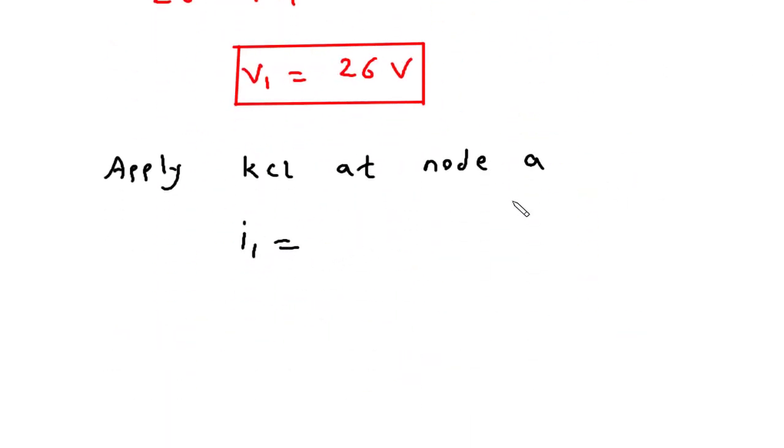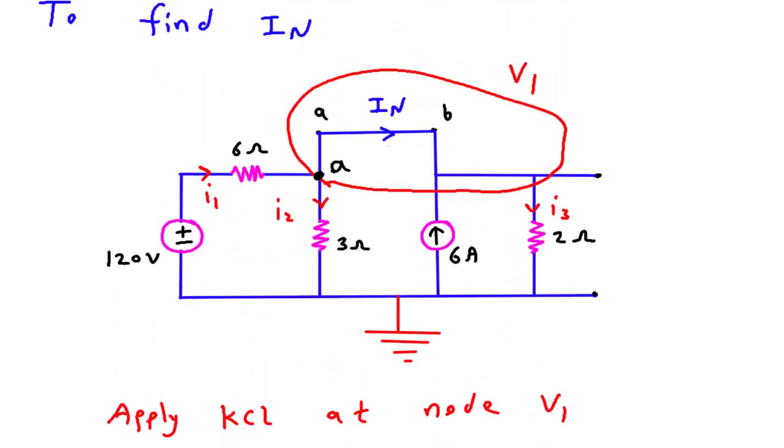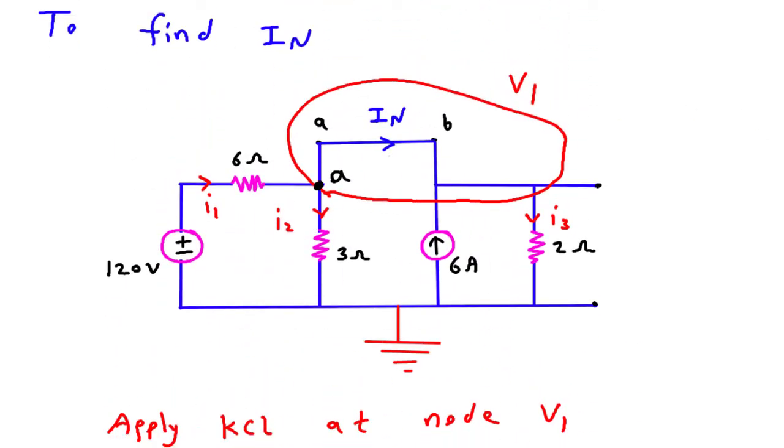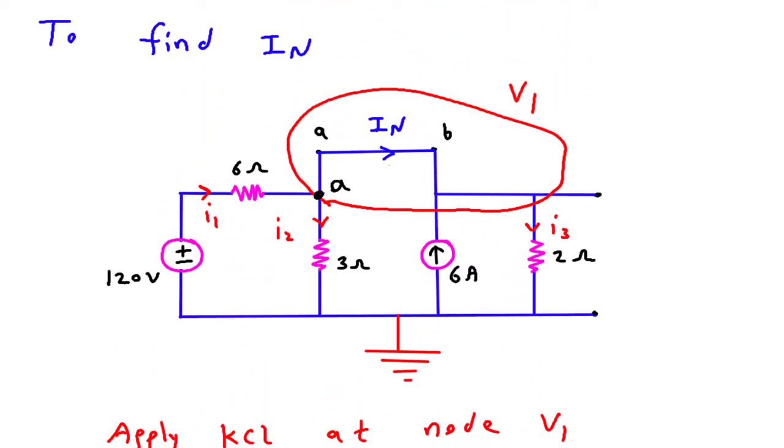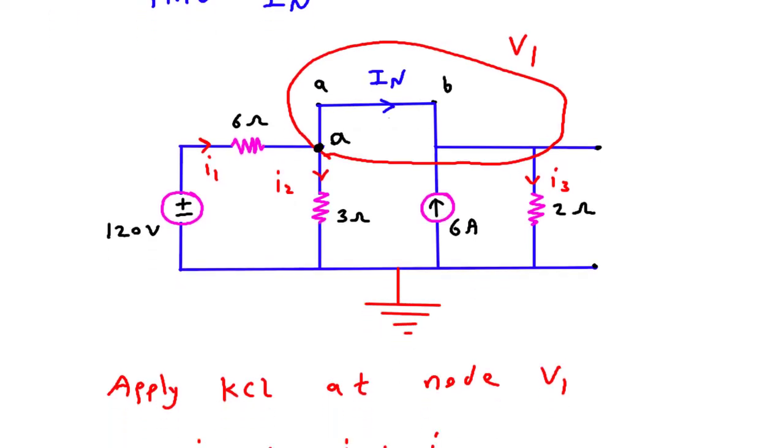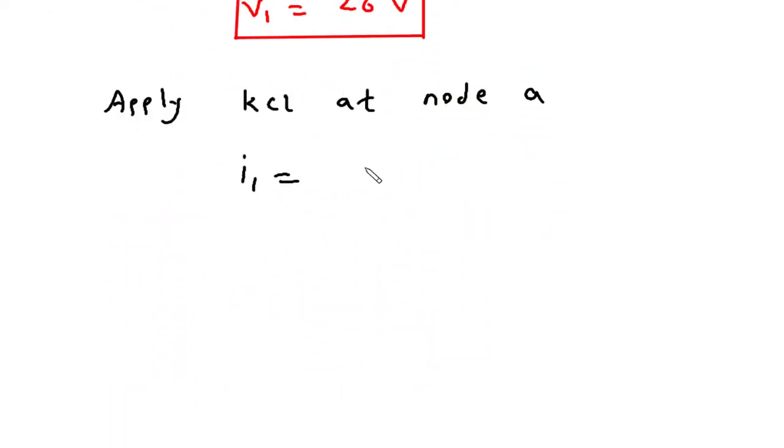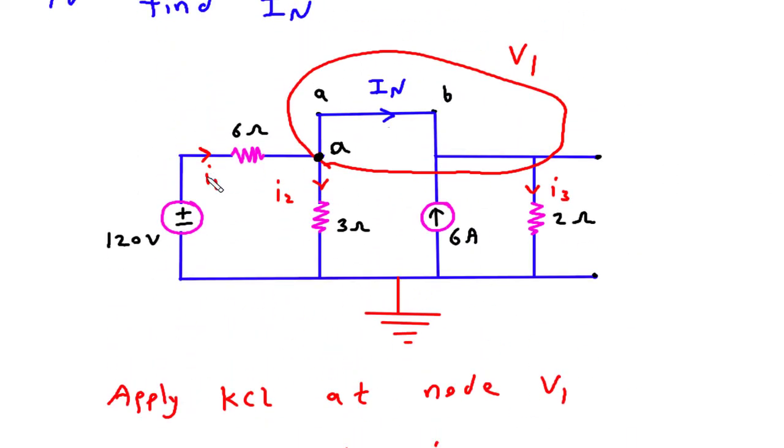So I1 is equal to leaving current. Leaving current at this node is I2 plus IN. Now I1 is 120 minus V1 by 6.